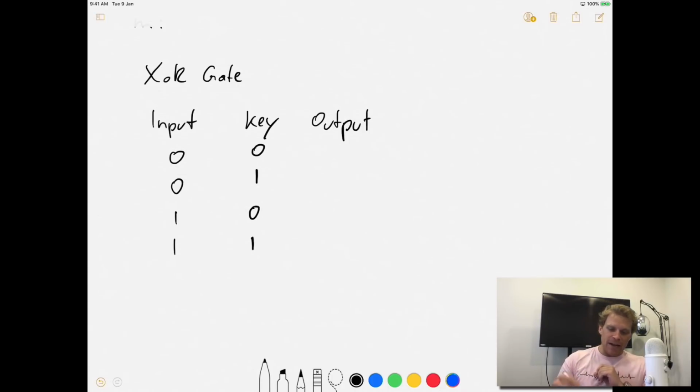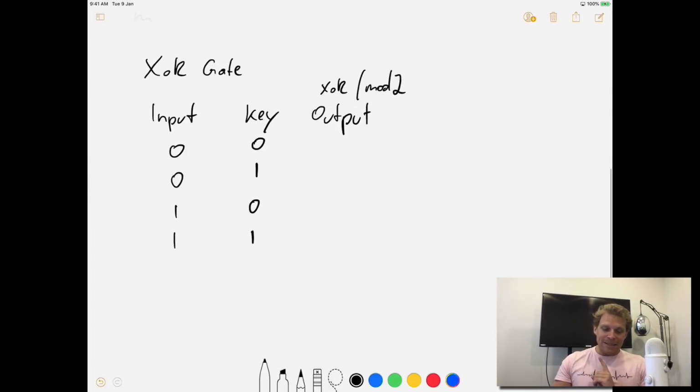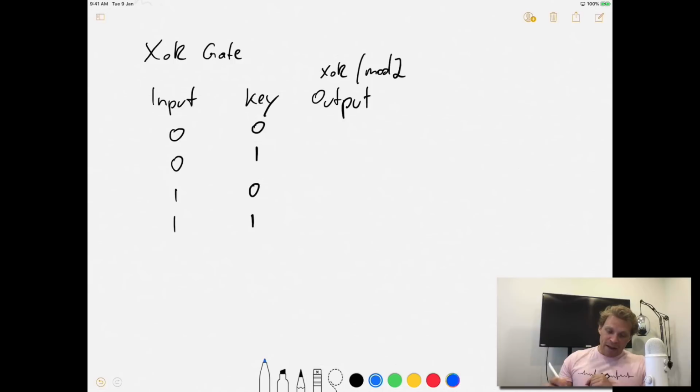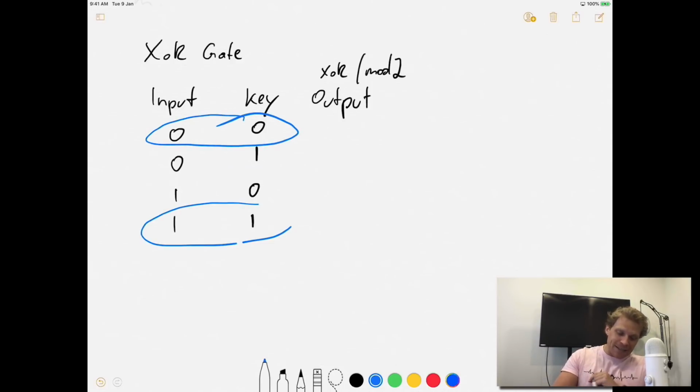So we have an output, which is an XOR gate, basically a mod 2 is the same thing. Now what you're going to be seeing is this. Whenever the inputs are the same, and that's the typical thing for an XOR gate, the output becomes a 0. And that's what the XOR gate does. If 2 inputs are the same, it becomes 0.